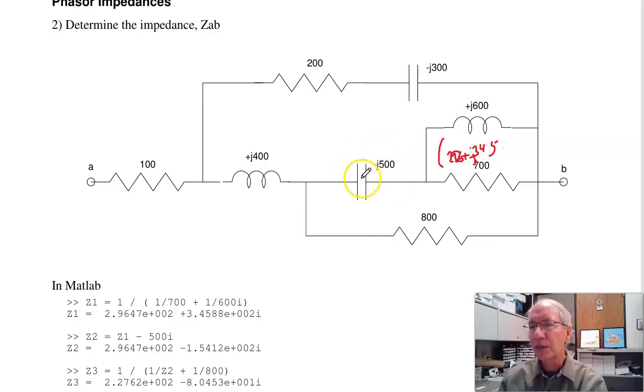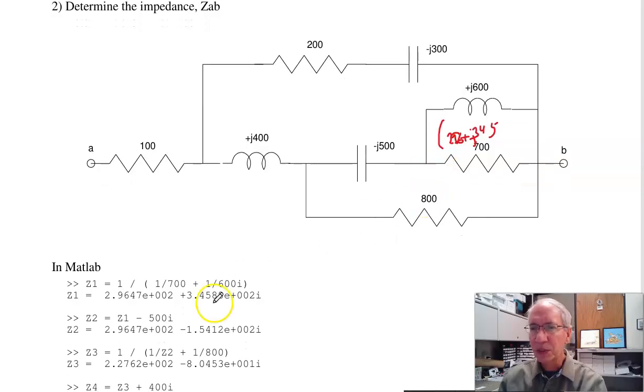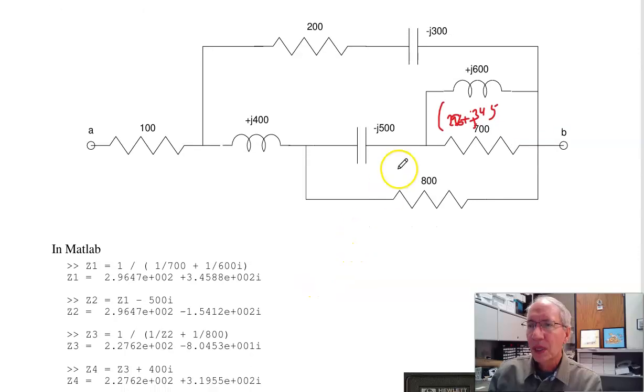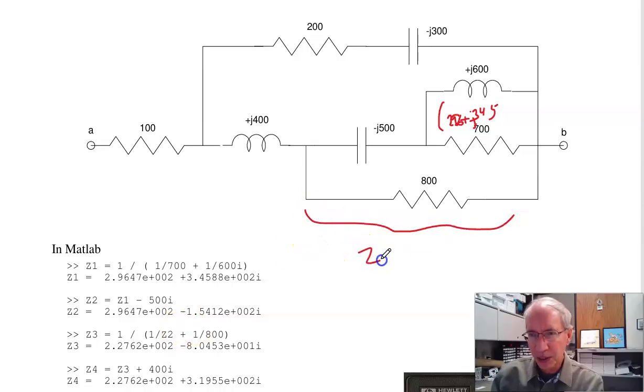In series with 5 minus J500 gives you Z2. So these together give you 296 minus J154. In series with 800, in parallel with 800, I take the inverse of 800, add the inverses, take the inverse. So all this mess is 227 minus J80.